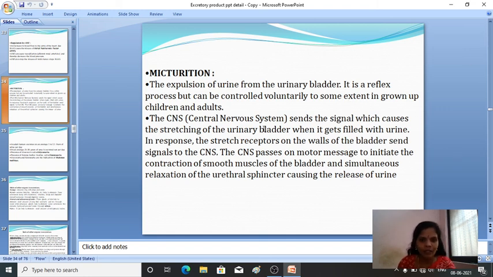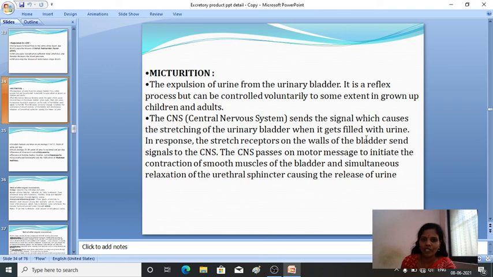So what happens here is that when the bladder gets filled with urine, it causes stretching of the urinary bladder, and signals are sent to the central nervous system.